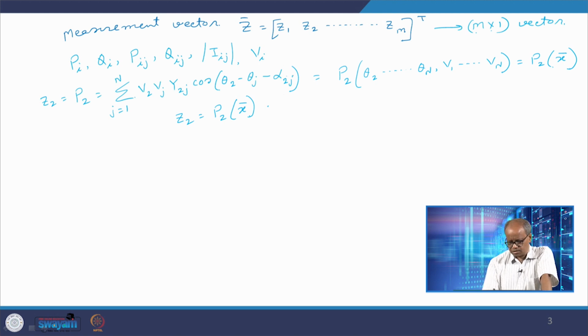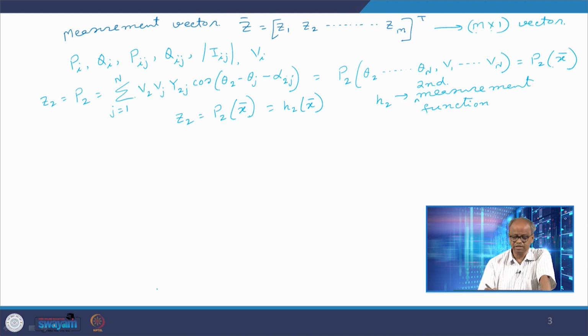So, in general we say that it is h2 of x. Here h2 is the measurement function, the second measurement function. In this particular case, because my second measurement is the injected real power measurement at bus 2, this h2 is equal to P2.